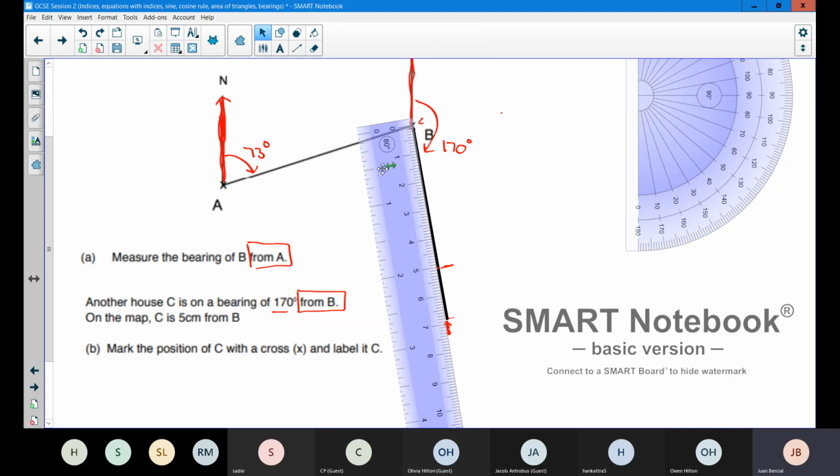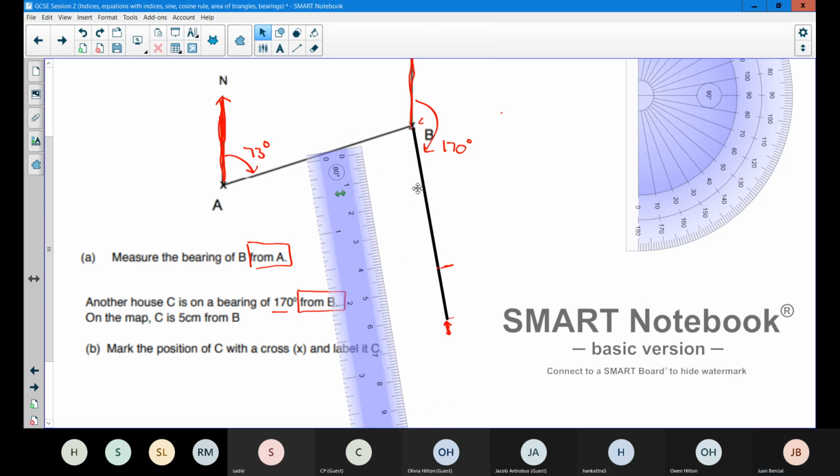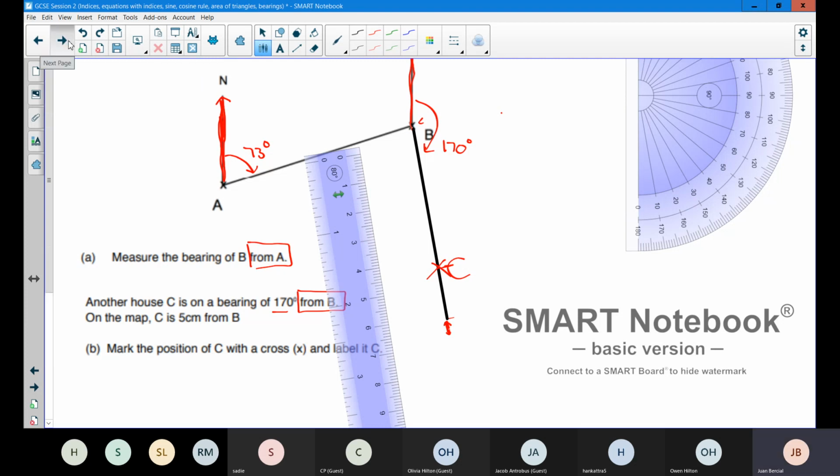I mean, you can do it better with a ruler. So this is the cross, and that is C. Okay, so I hope this is helping you to use tractors and things like that.